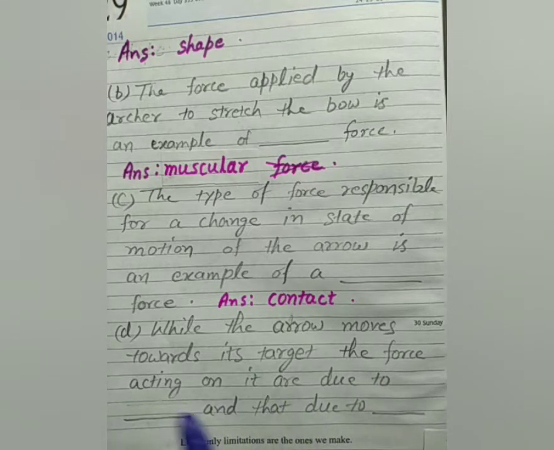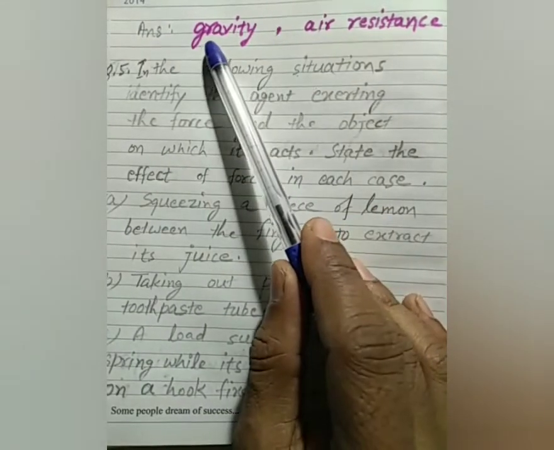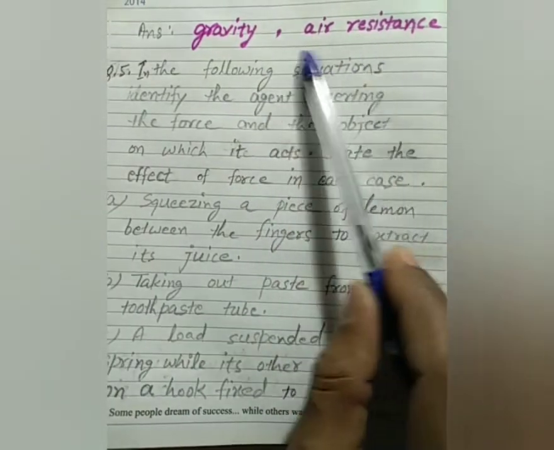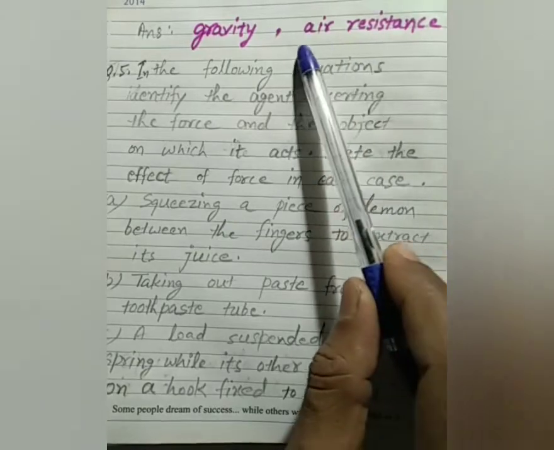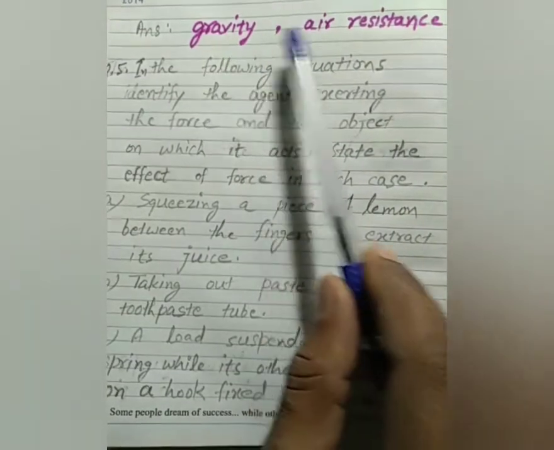The two agents are obviously, the first is gravitational force by earth, and the second is due to air, which is also called air resistance or friction due to air. So you have to write gravity and air resistance.